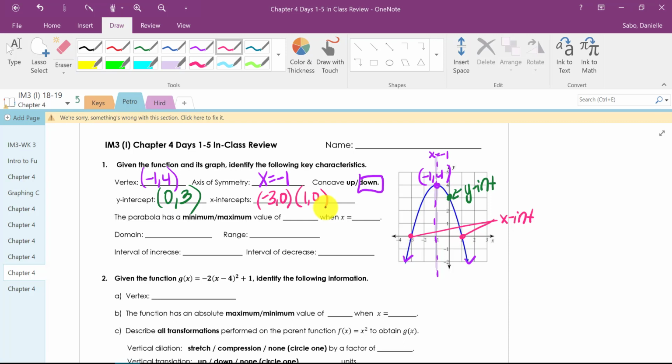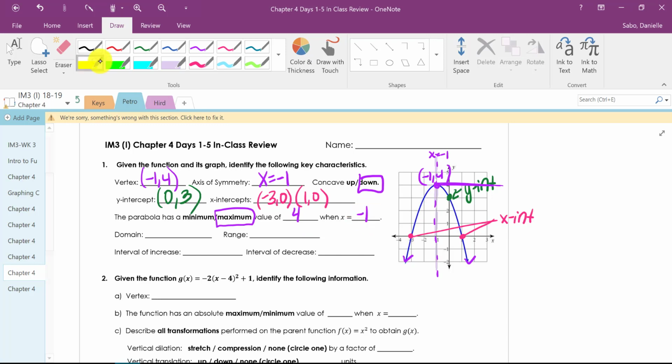The parabola has a max or min, so whenever you are concave down, you are going to have a max. And that means that there is no value higher than that y value of your vertex. So if you take a look here, there's no value higher than 4. There's no function above 4. So the value is 4, and it's located at the x value of your vertex, which is -1.